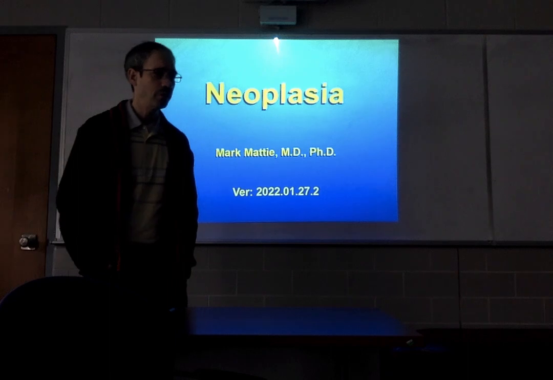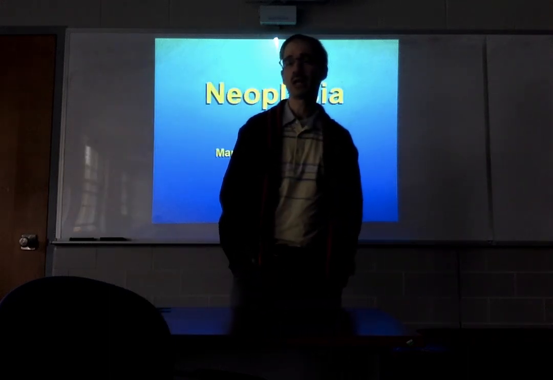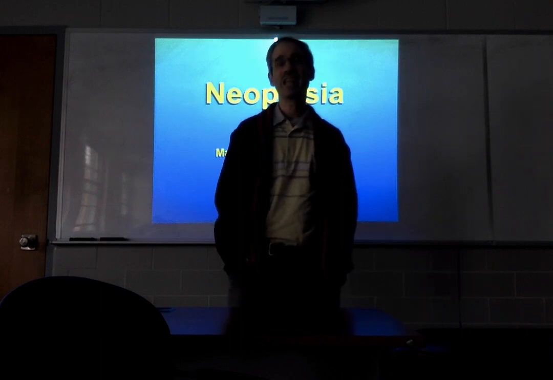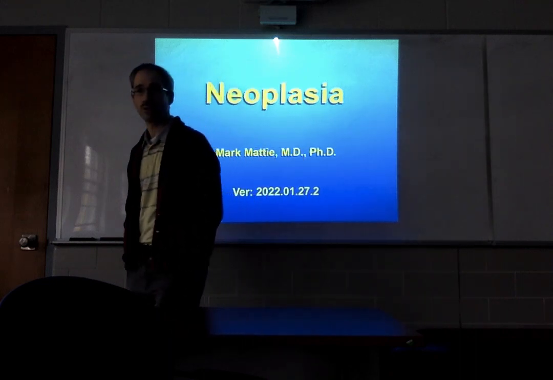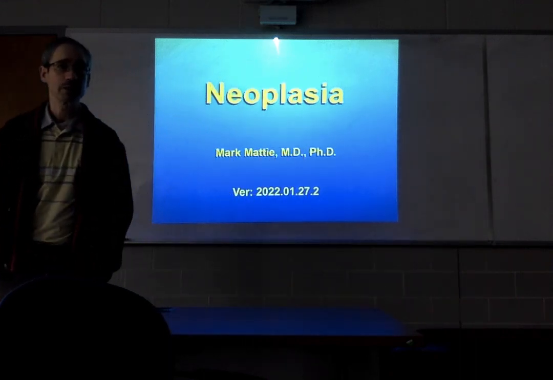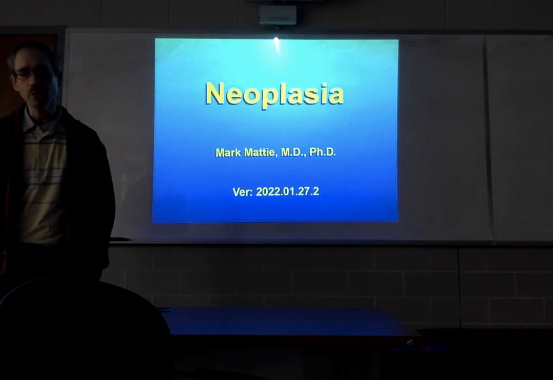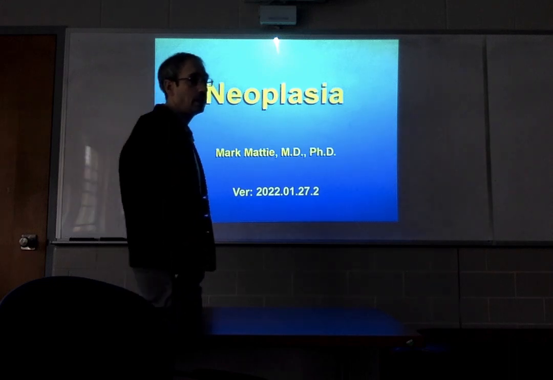Now, when a child develops cancer, usually it's not because the child has acquired mutations in the DNA. It's usually because they inherited mutations in their DNA. They develop some sort of inherited neoplastic syndrome that predisposes them to develop various types of cancers.